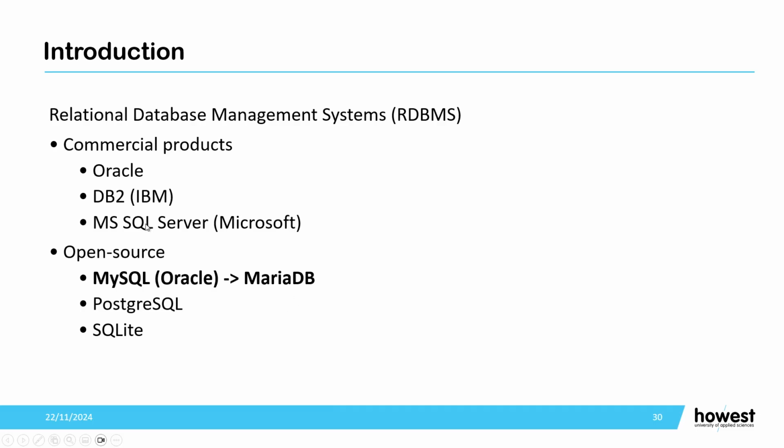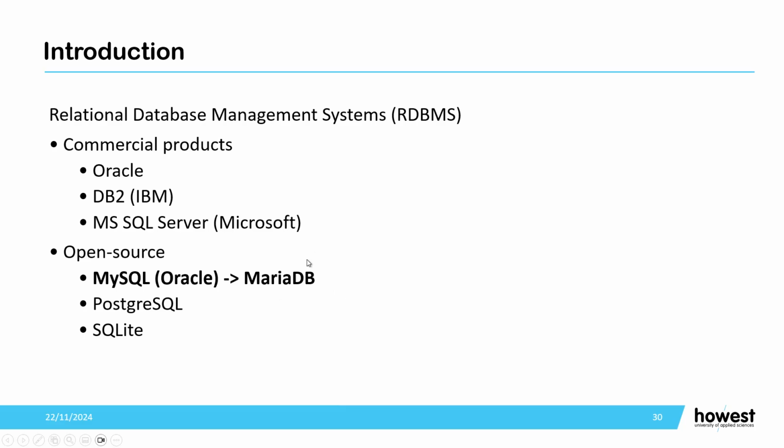Good. Here are some examples of such RDBMSs. Commercial ones. So if you have a lot of money, you can use Oracle, which is the most popular one. There are also some other ones like DB2 from IBM, and Microsoft has its own server. Oracle has also the free version, the MySQL database, and the open source one, community-based, is MariaDB, the one that we will be using.